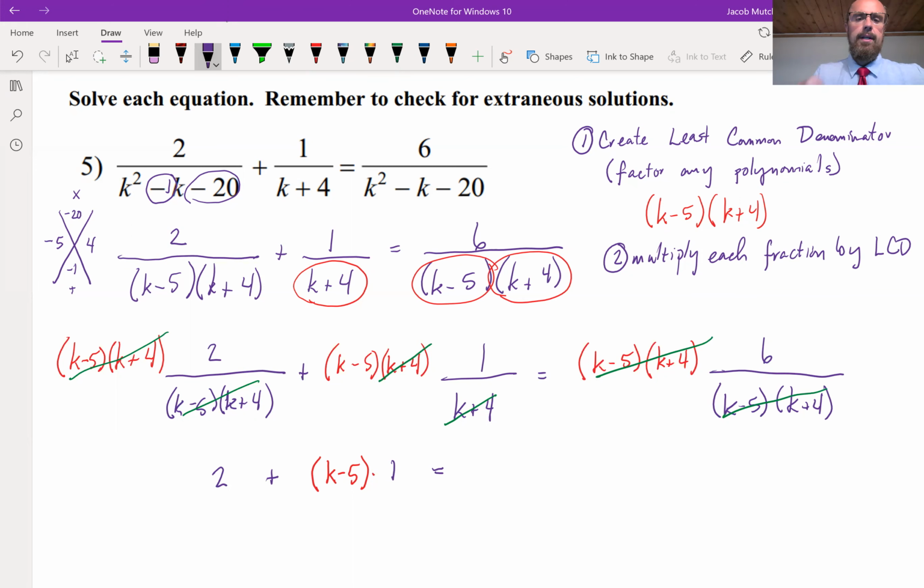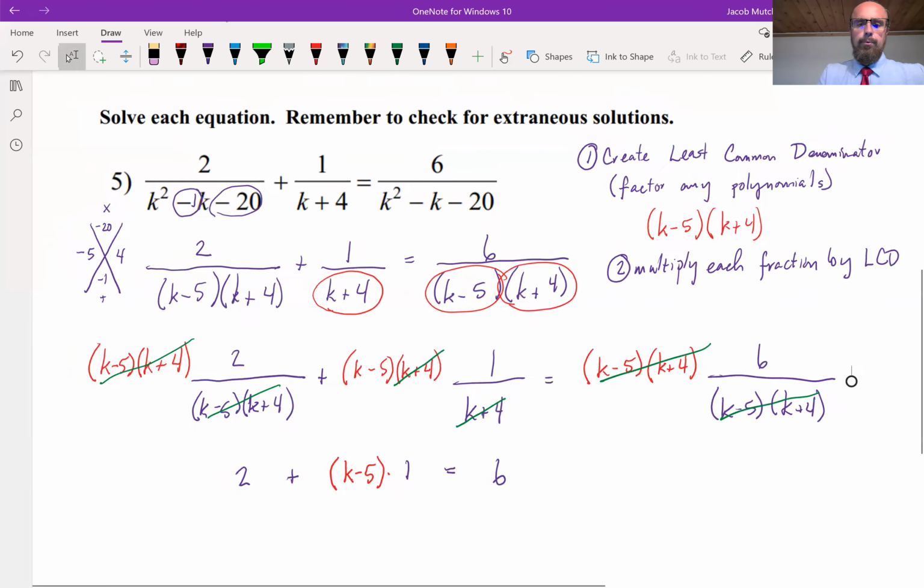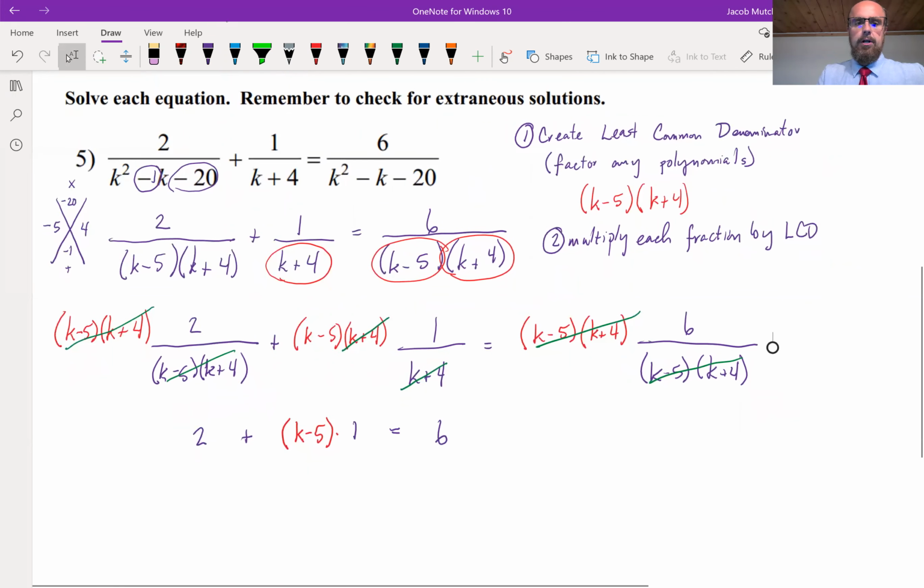They both cancel and they leave numerator 6. At that point, I'm ready to reduce and solve. I can let that parentheses go since it's just being multiplied by 1. So this is now 2 plus k minus 5 equals 6.